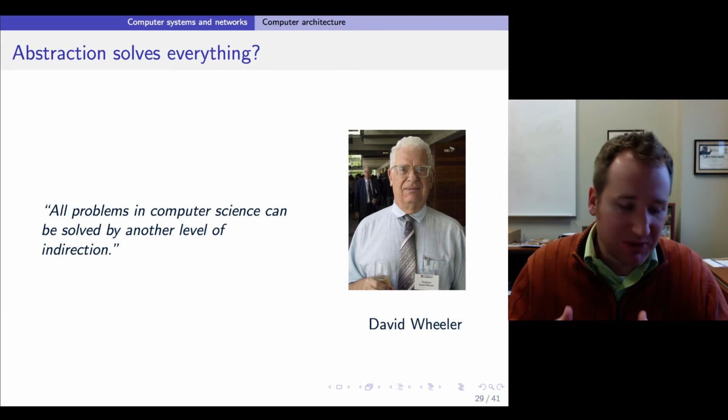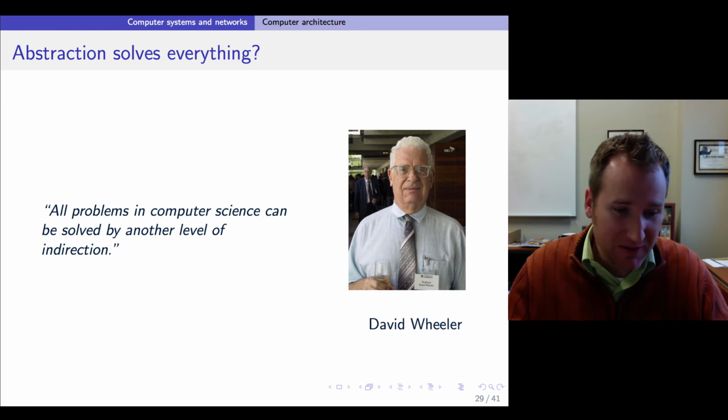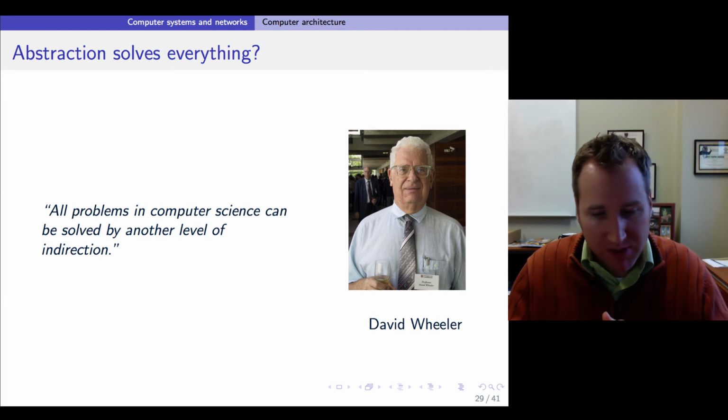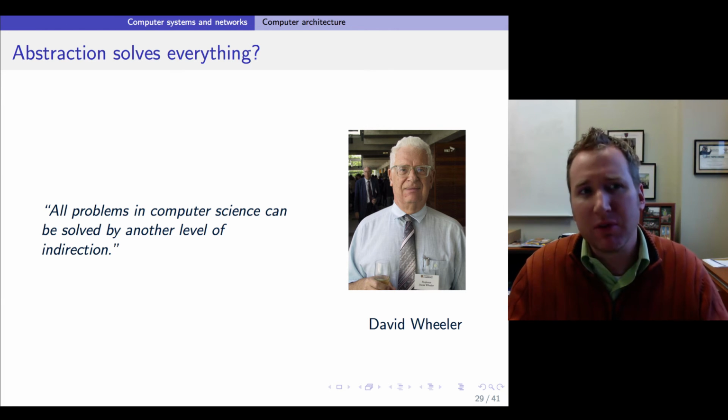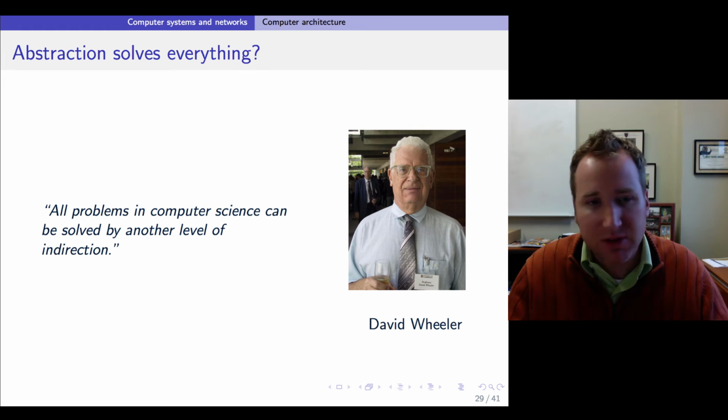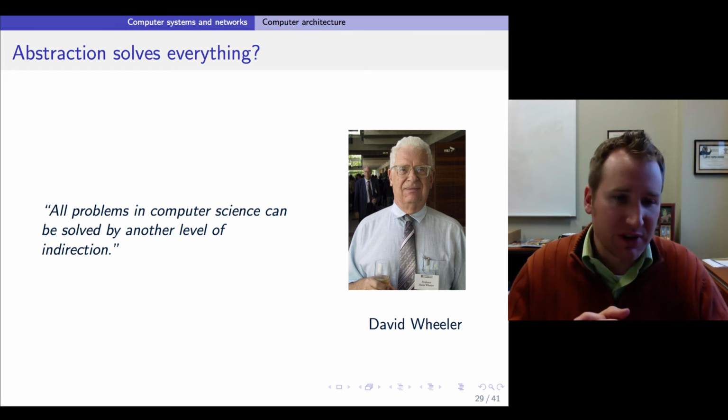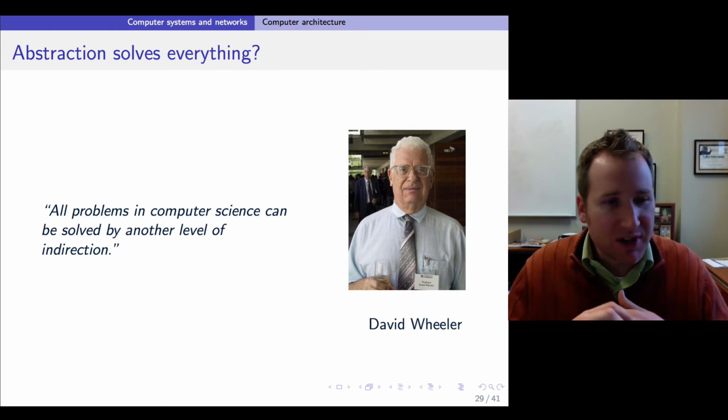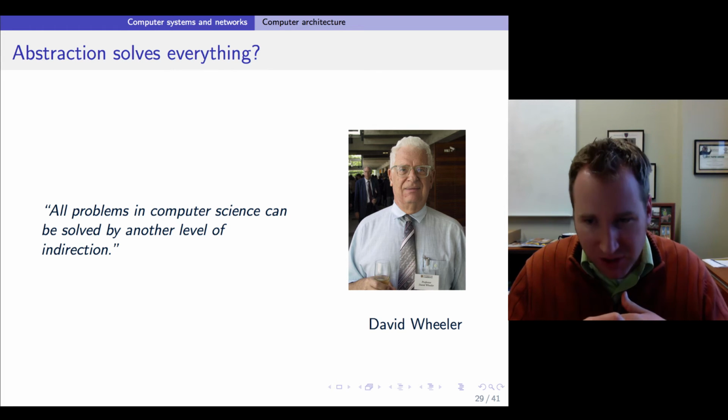There is a stereotype among computer scientists that you present them with a problem, and they say, oh, well, what we need is to create a new framework, and you abstract away the details of the problem, and that will lead to an elegant solution. One cynical take on this is that all problems in computer science can be solved by another level of indirection.